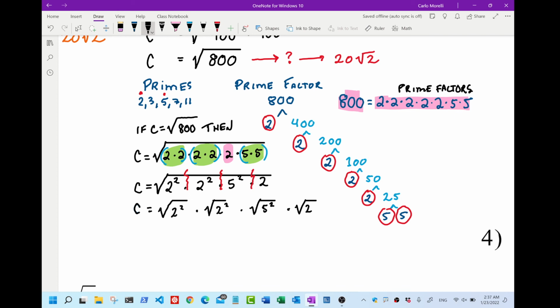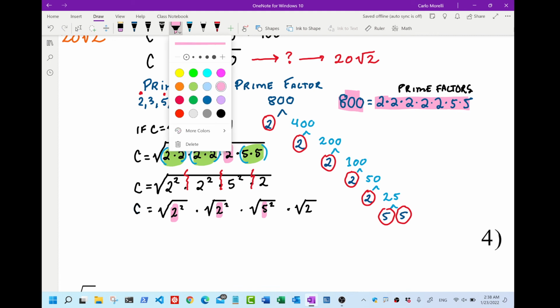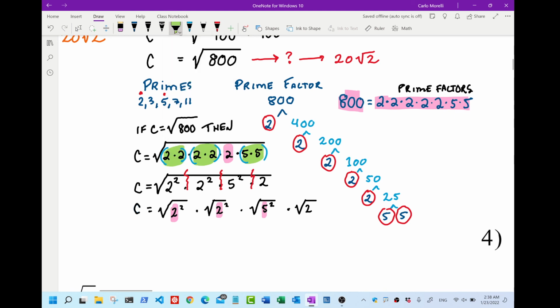The square root of a square is just that number. So if I actually take the square root of 2 squared, the answer will be 2. The square root of 2 squared, 2. The square root of 5 squared, 5. Now here I don't have a square inside, so I just have to leave this guy. Square root 2 has to stay square root 2.